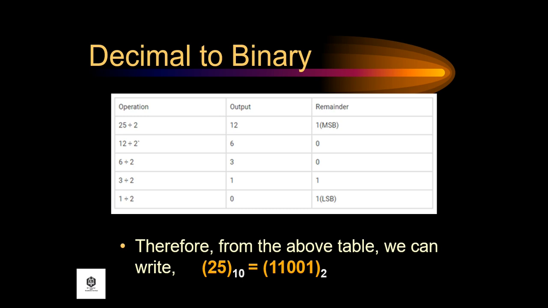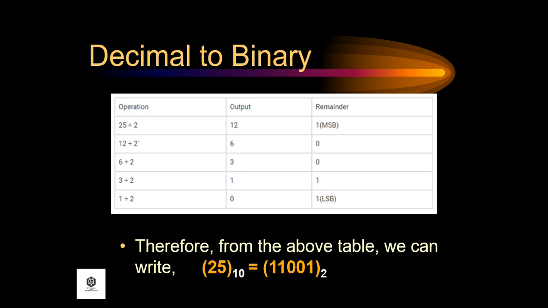Then 12 times 2 is equal to 24, so the remainder is 1. Next, 12 divided by 2 is equal to 6. 6 times 2 is exactly 12, so there is 0 remainder.